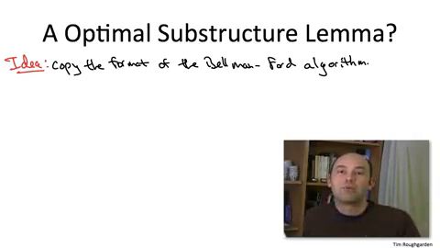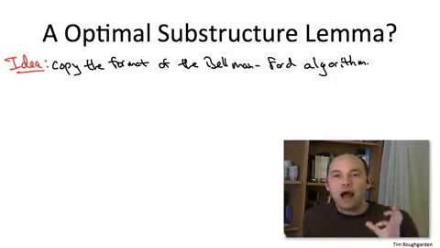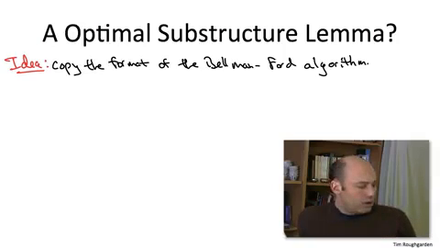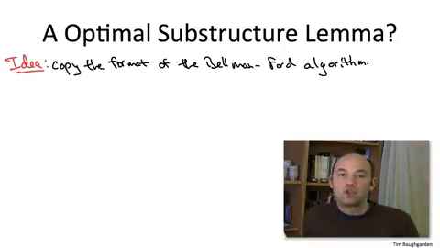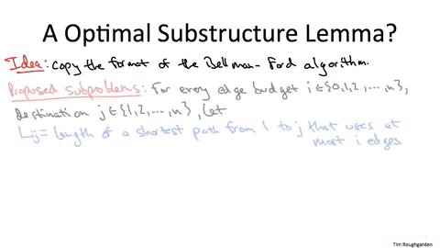So a canonical subproblem in Bellman-Ford was to compute the length of a shortest path from the given source vertex to some destination vertex v that has i edges or less. So, by analogy, we could think here about subproblems where we want the shortest path from the starting vertex number 1 to some other vertex, j, that uses at most i edges.